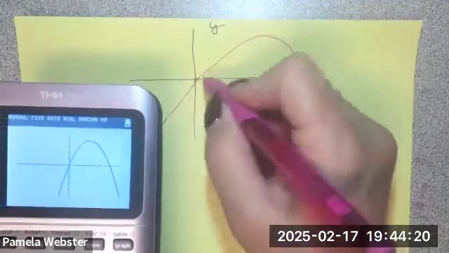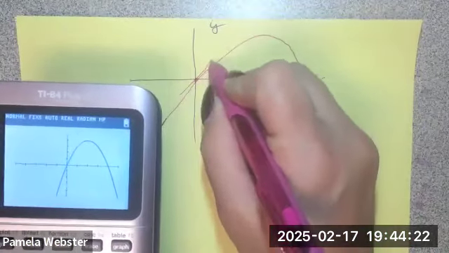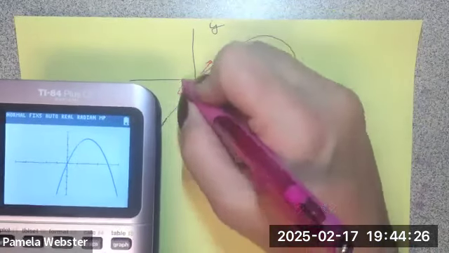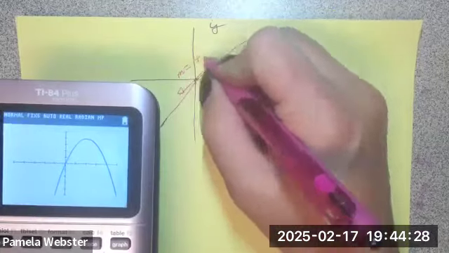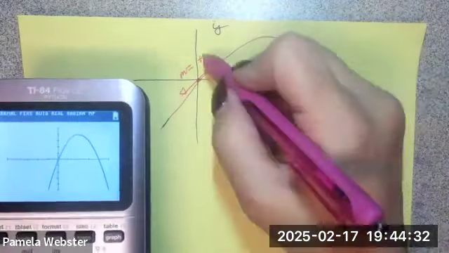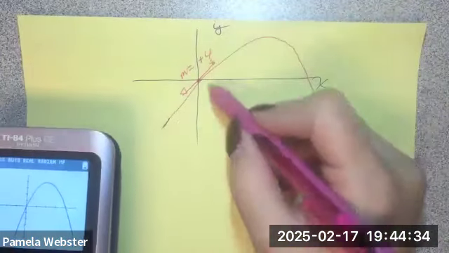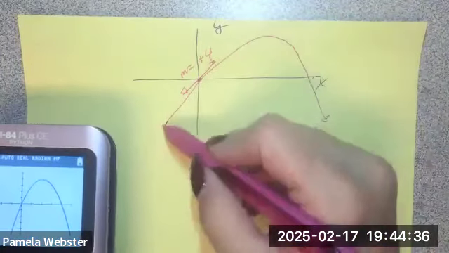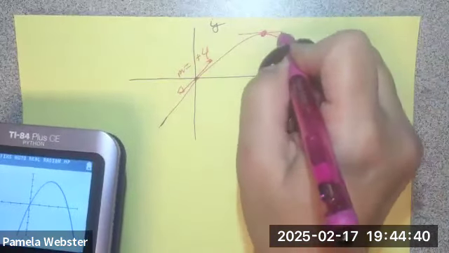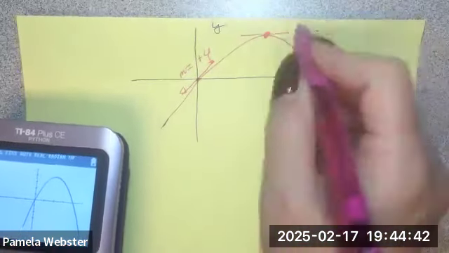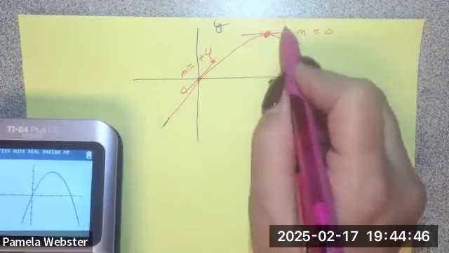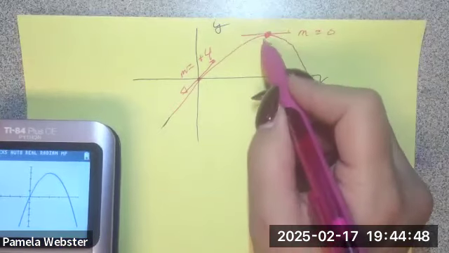So what we're saying is over here, when x equals 0, if we drew a tangent line there, the slope was positive 4. And sure enough, that graph's going up there, right? That slope is positive. When it was x equals 2, we found m equals 0. Well, we know that that means that was a horizontal line, right? And that's going to actually come back to play for us a lot.